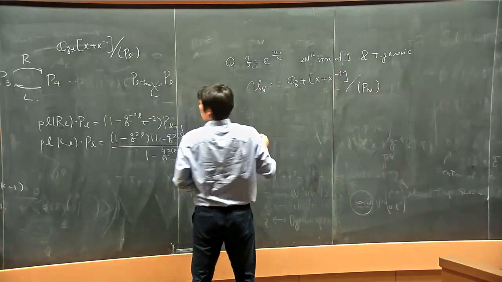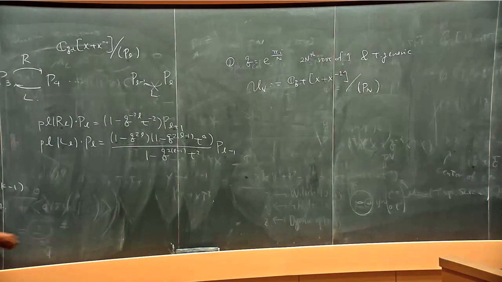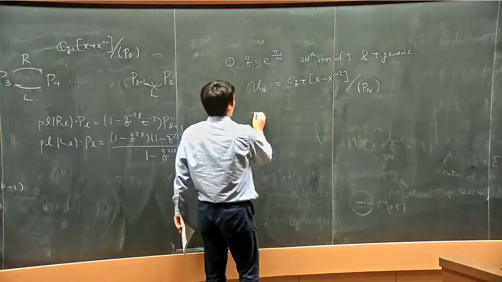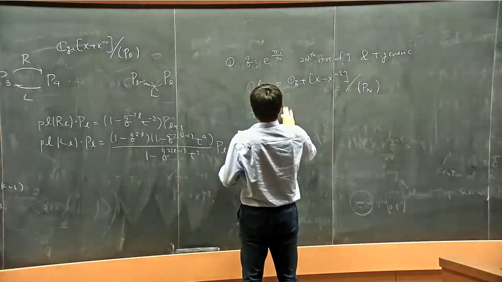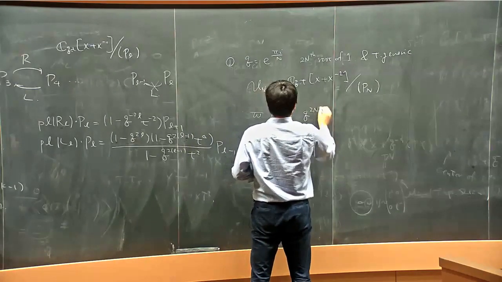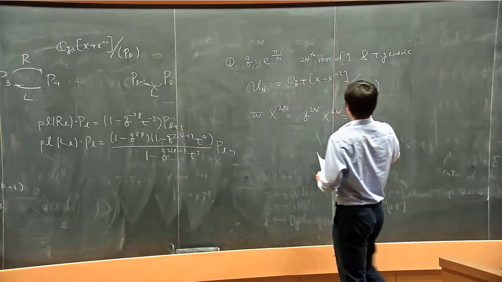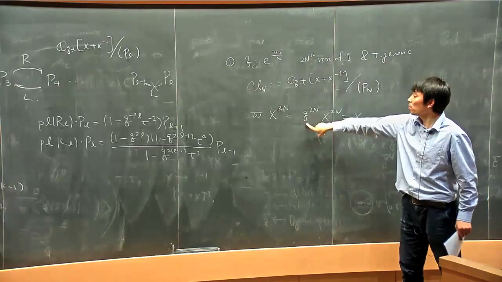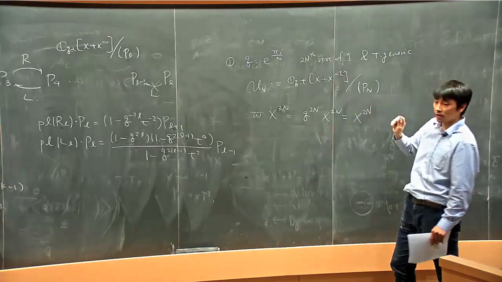Moreover, if you look at the shift operator defined here, when it acts on x to the 2n, then it acts as q to the 2n, x to the 2n, which is trivial, which is just 1. I just impose q to the 2n is equal to 1. So therefore, it acts trivially. Okay.